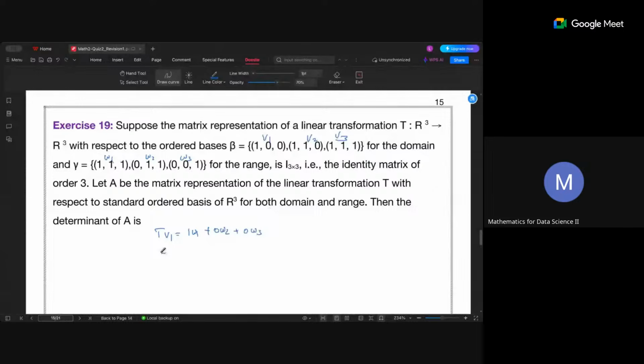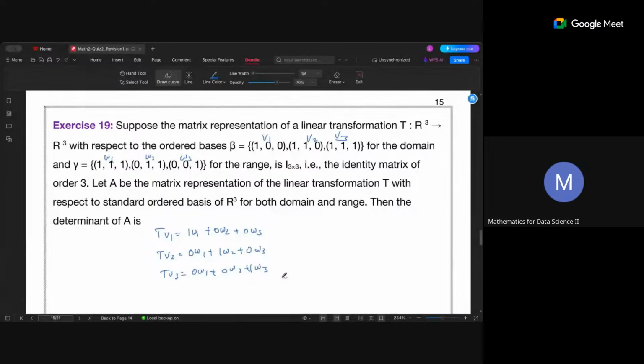And TV2 is 0W1 plus 1W2 plus 0W3. And TV3 is 0W1 plus 0W2 plus 1W3. Right? So this is what we have. From this, can we find what T is?